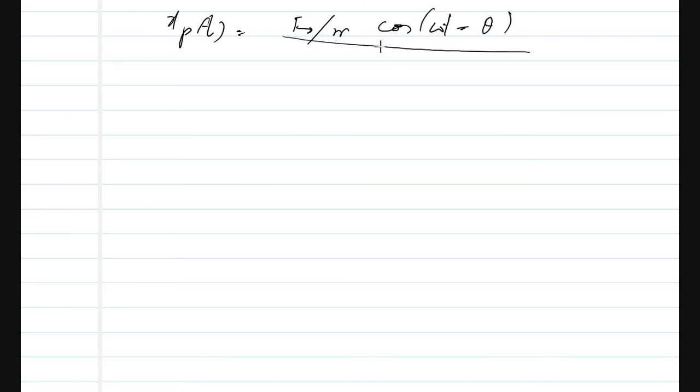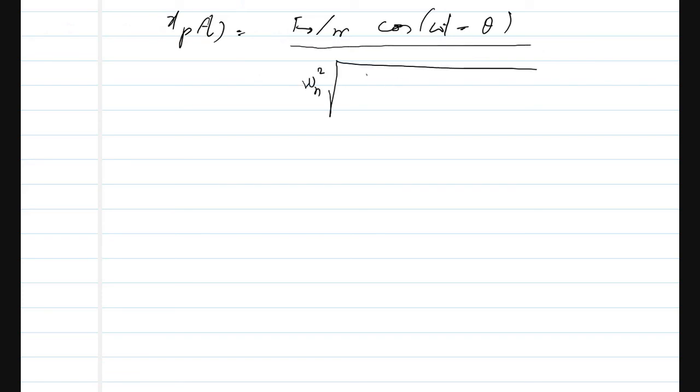Remember, before cancelling the omega n out, I have just written this, which is omega n, which is 1 minus omega square over omega n square whole square plus 2 zeta omega by omega n whole square.